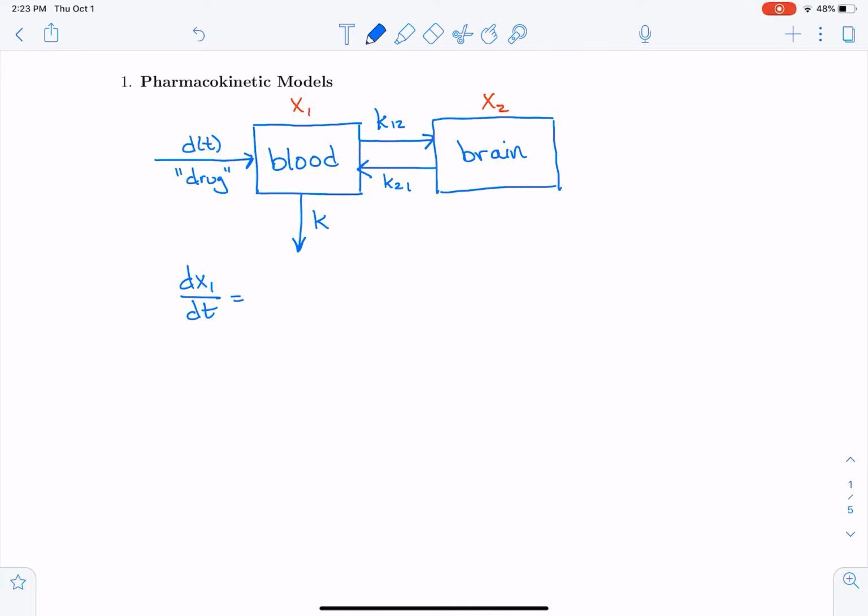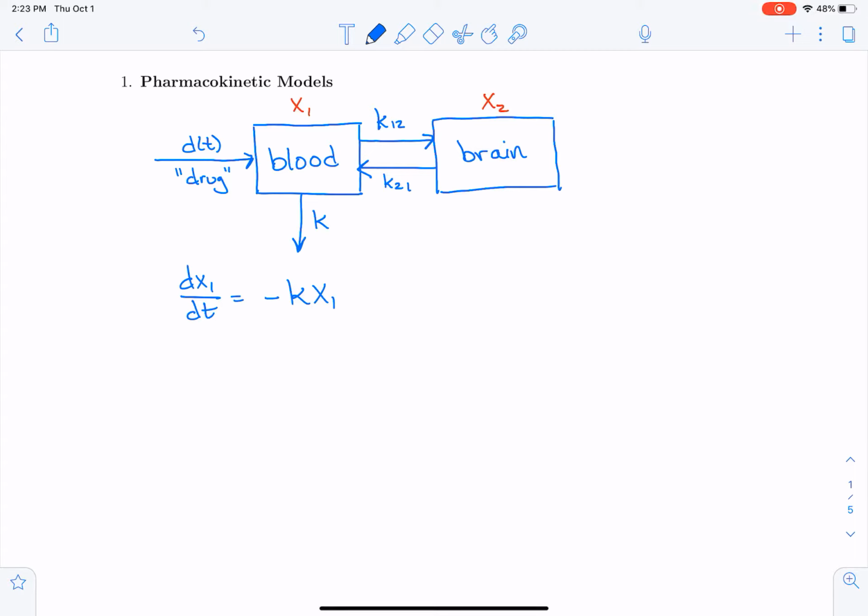It leaves the bloodstream at a rate proportional to the amount in the bloodstream. So this is the amount of drug that's being absorbed into your body and then leaving your body. So that's minus K times X1, referring to the arrow that's just above this equation.